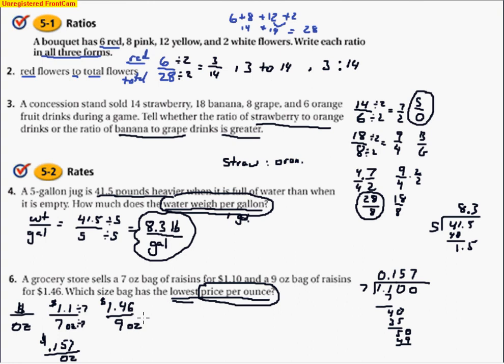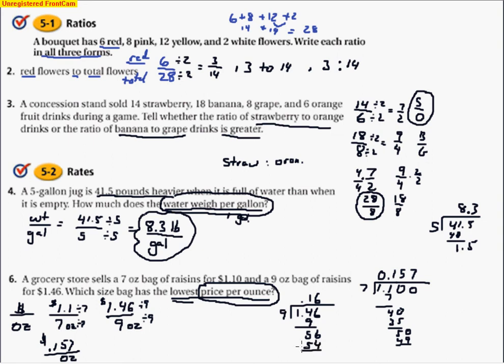We're going to divide this one by 9. So we set up the problem, 9 into $1.46, and go ahead and do the division. 9 goes into 14 1 time. Do the subtraction. That leaves me with 56. It goes into 56 6 times. Oh, I figured it out right there, 54. So I don't have to go any further than this.